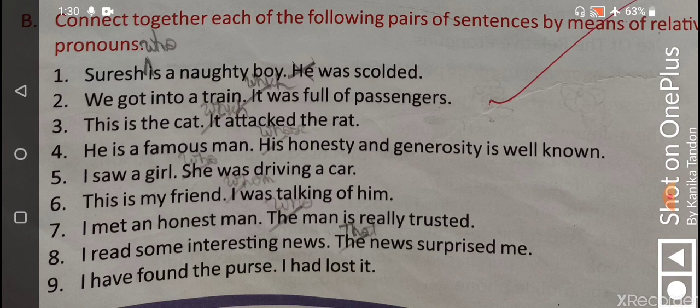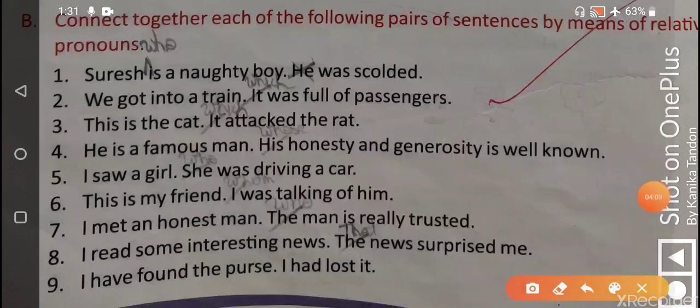I saw a girl who was driving a car. This is my friend whom I was talking of. I met an honest man who is really trusted. I read some interesting news. That news surprised me. And the last one is, I have found a purse that I lost.